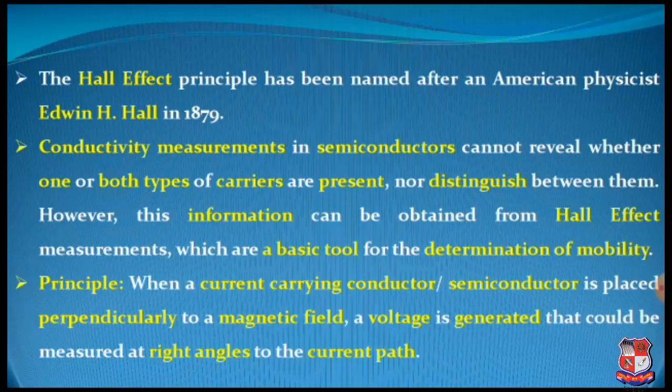So this is basically a 3-dimensional situation in which one dimension stands for your investigating material, that is semiconductor or mostly conductor. The other direction will be secured for the magnetic field, and the third dimension will be held for the current path. And remember, all these 3 dimensions will be perpendicular to each other.